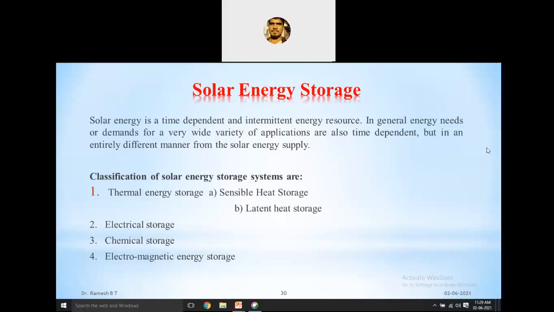The degree of reliability needed for the process, that I told, the reliability means where we can trust that. So we can blindly trust that solar energy, and we can go with our operations, like for industry purpose.